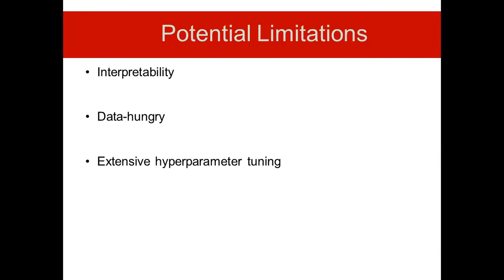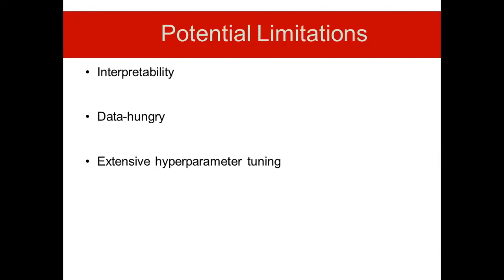But in some domains, we may not have a lot of data available, especially if we only look at the interaction between users and items. Usually those interactions are very sparse, right? One user only looks at a few items. They are not able to look at all items. Even though the matrix is huge, the interactions are sparse, so deep learning models may not work well in those cases.